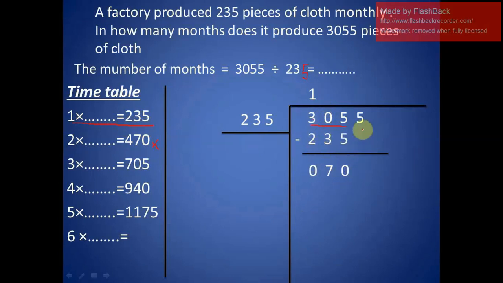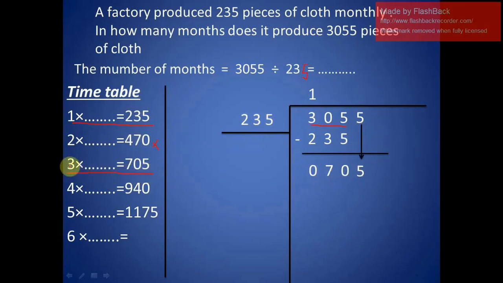This remainder, we must write down 5. Search for 705 in the table because 700 can be divided by 200. 705 is bigger than 235. Search the table. Yes, we got it.